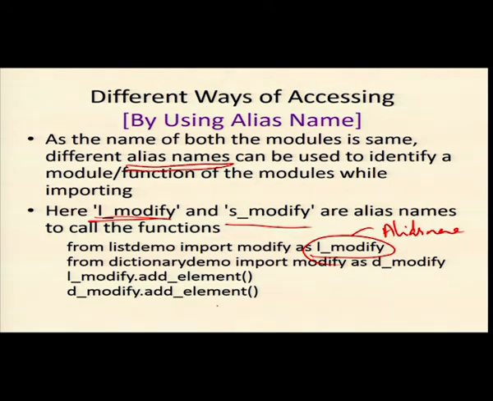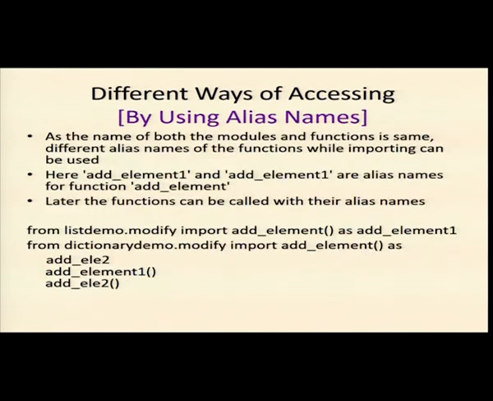From dictionary demo, import modify as D underscore modify is an alias name, so that I can easily segregate which belongs to the list and which belongs to the dictionary. So L underscore modify dot add element and D underscore modify dot add element is the demarcation. This alias name demarcates which module is from which particular package.